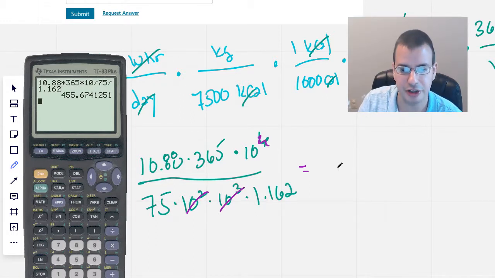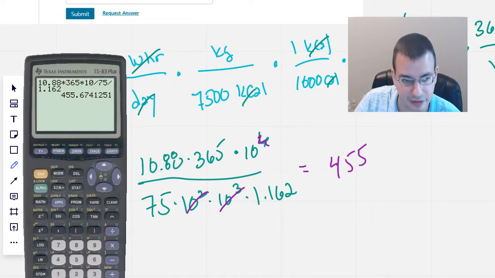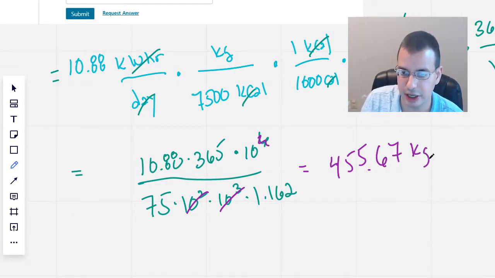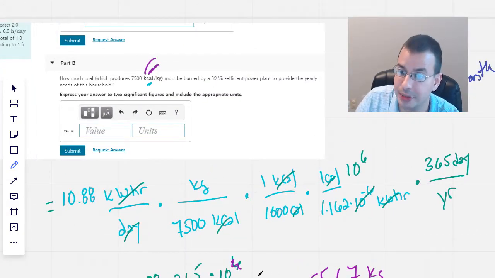Yeah, I'm good with that. So 455.67 kilograms. Okay? And now we were also told that it's only 39% efficient.